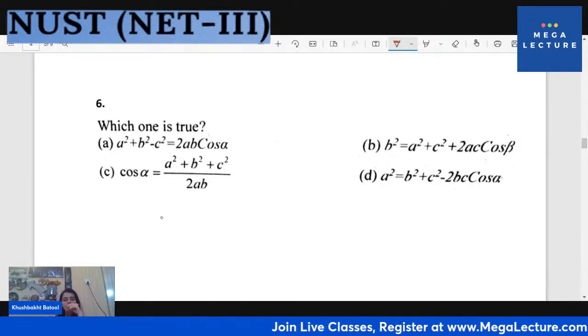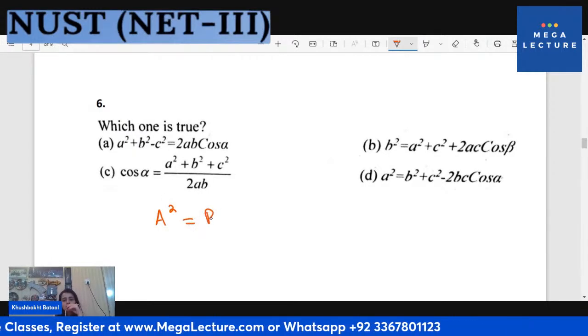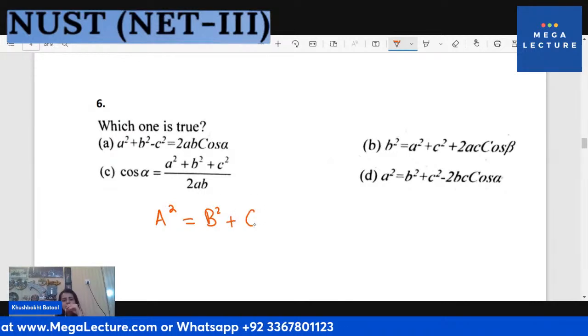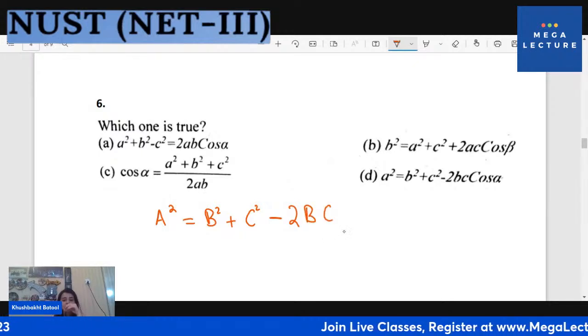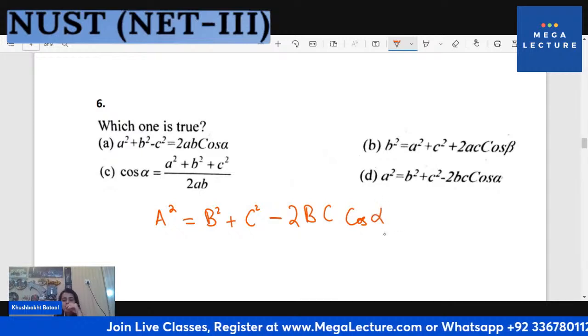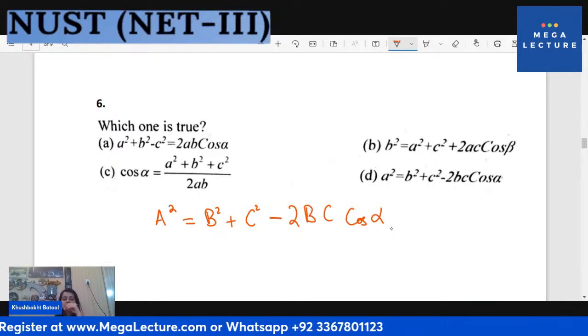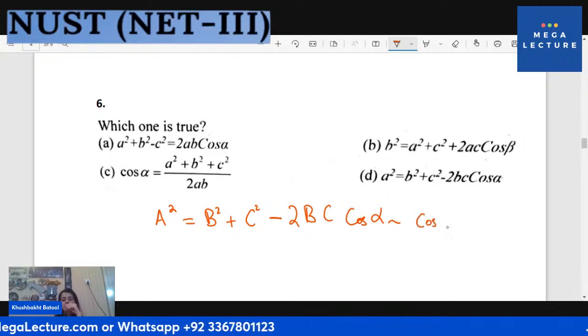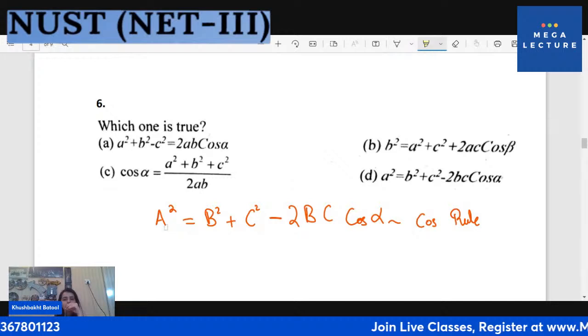So let's say a squared is equal to b squared plus c squared, the other two sides, minus 2 multiplied by bc, these are the sides, not the angles, and then cos of alpha. So alpha is the angle that is opposite to side a. This is the cosine rule that you are supposed to memorize.